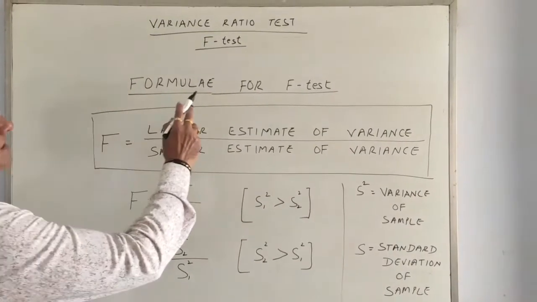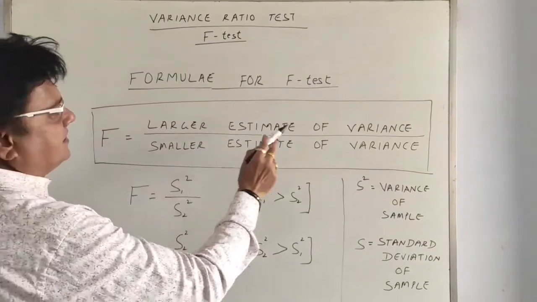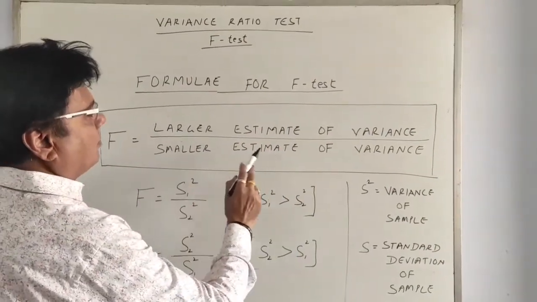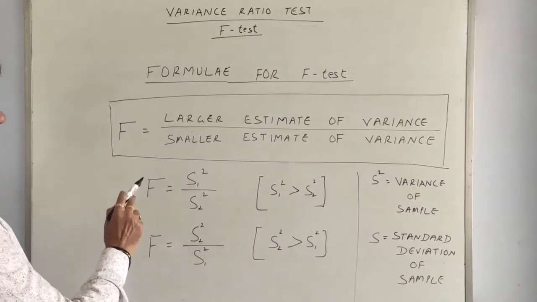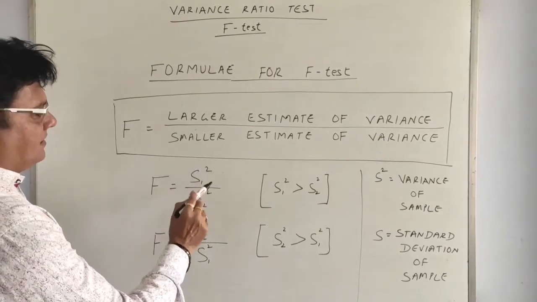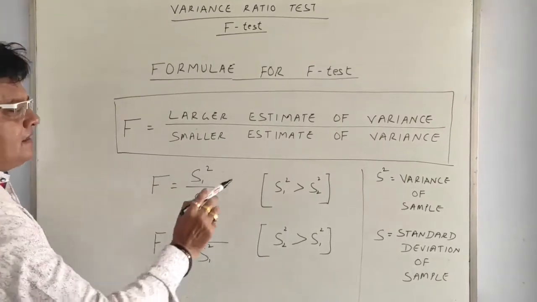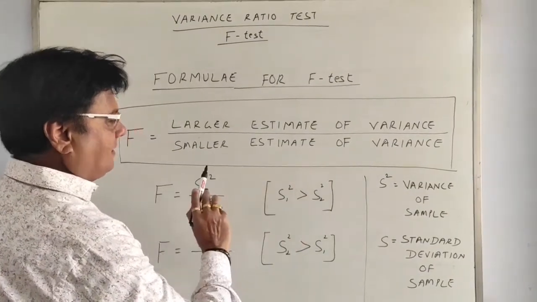Now we will understand the formula for the F test. F is the larger estimate of variance divided by the smaller estimate of variance. The formula is F equals S1 square divided by S2 square, with the condition that S1 square is greater than S2 square.